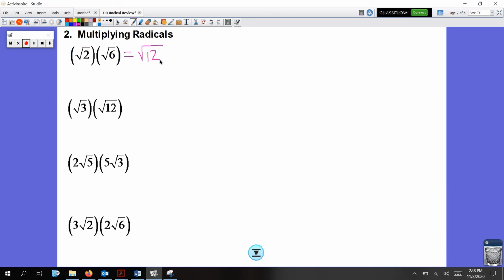This has to be in the most reduced radical form. So I know the square root of 12 breaks down into the square root of 4 times the square root of 3. And the square root of 4 is 2. And the square root of 3 does not simplify, so it stays inside the radical, like that.